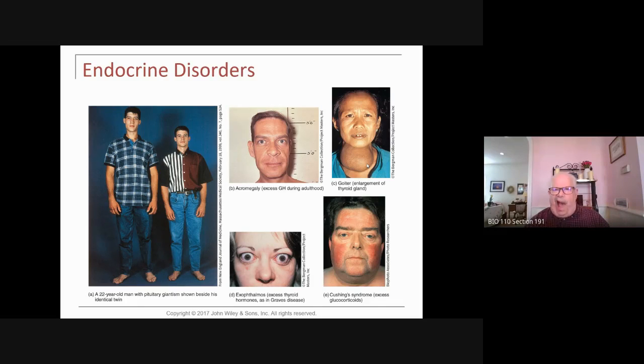So if you lack iodine in your diet, you will develop a goiter because the thyroid gland will increase in size trying to make thyroid hormone that it cannot make. This is always a dietary problem. Lack of iodine causes goiter.